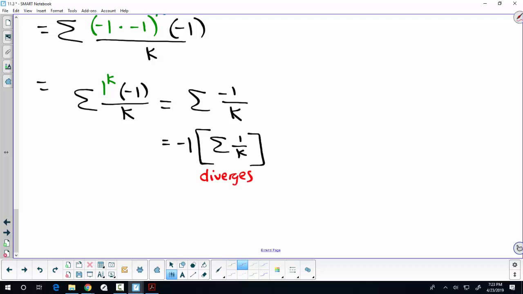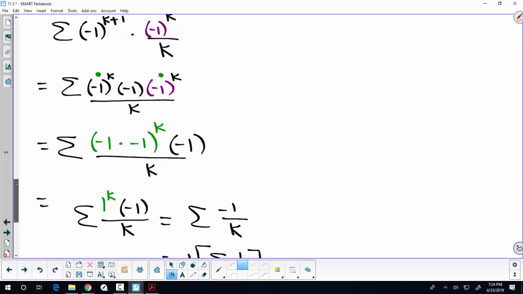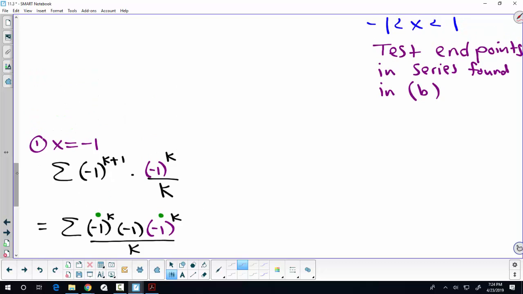Remember, that -1 doesn't alternate, right? That just makes every term negative. So what is our conclusion there for that particular piece? Since x equals -1 results in a divergent series, we're not including that in the interval of convergence.